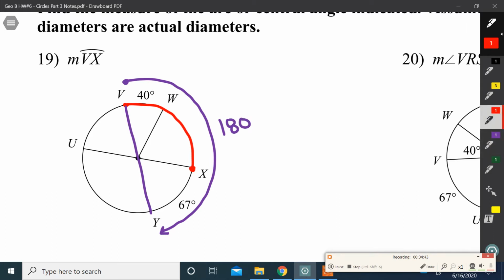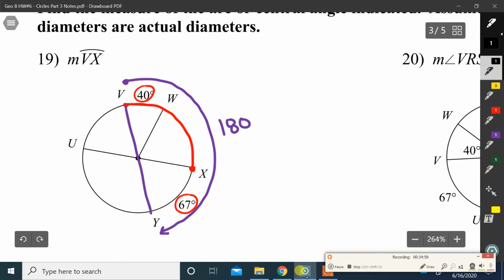So if this is 40 and this is 67, then we can figure out what this is very easily. All we have to do is subtract 180 minus 40 minus 67. That gives me 73.